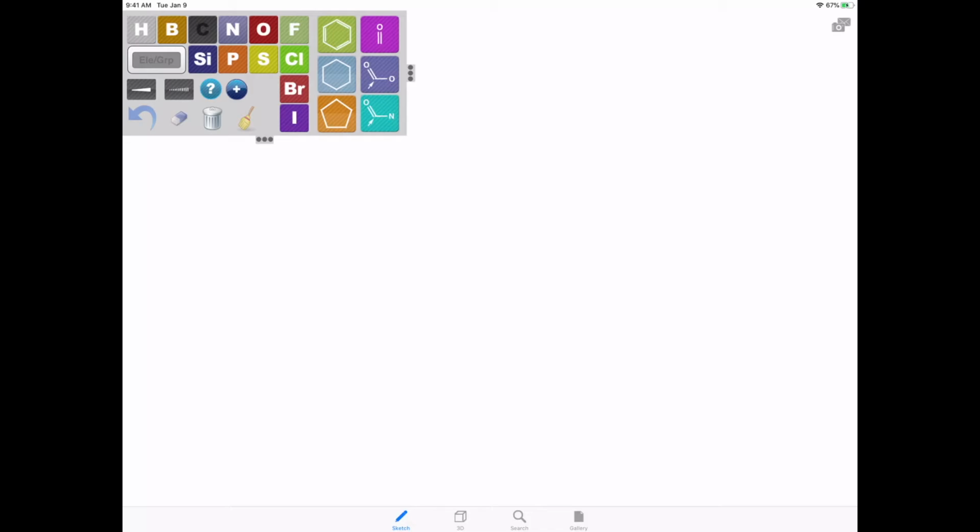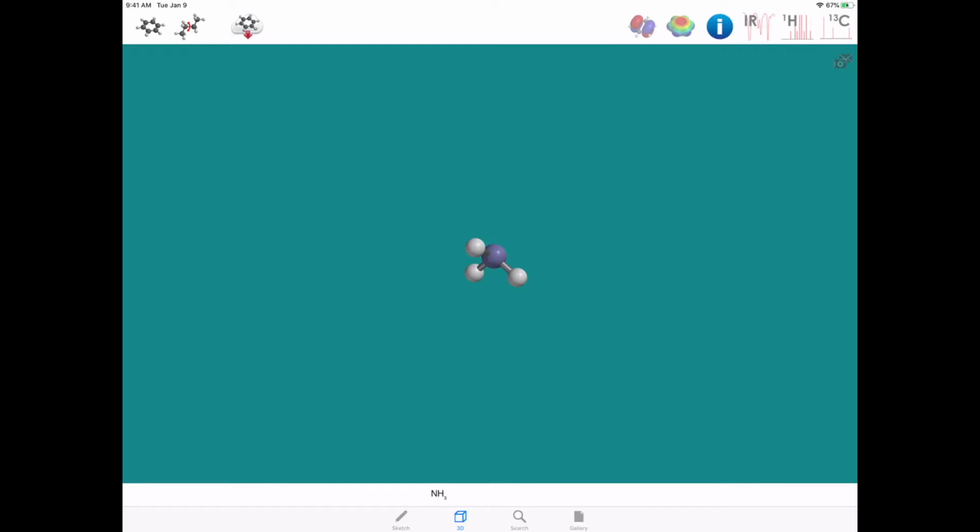It's a $10, I think, app, but if you decide you want to have one to play around with, it's kind of fun. So I'm going to put nitrogen there, and we'll go ahead and see what ammonia looks like.